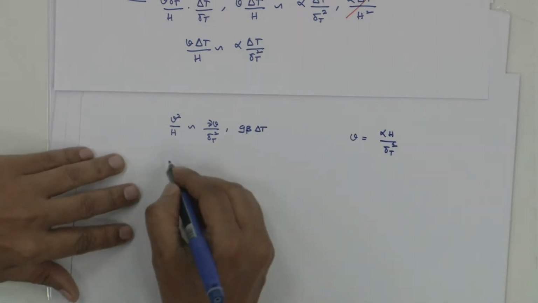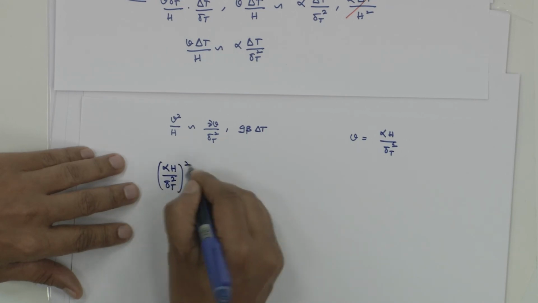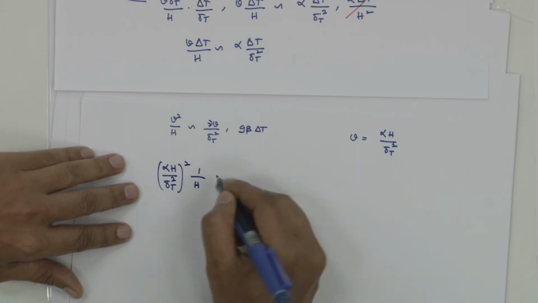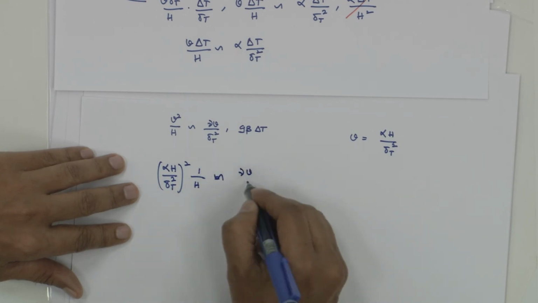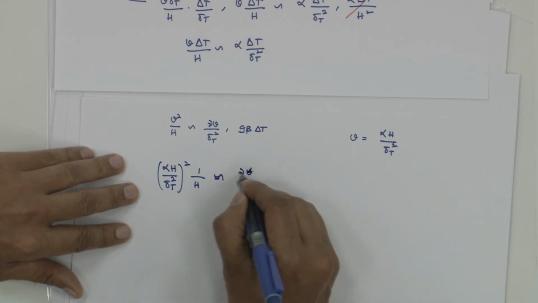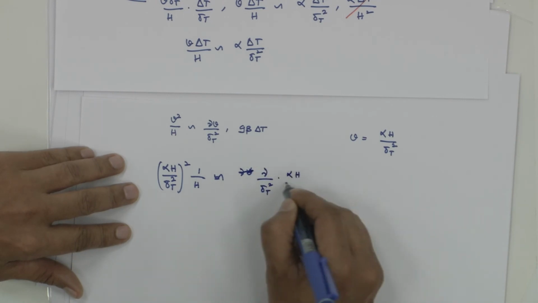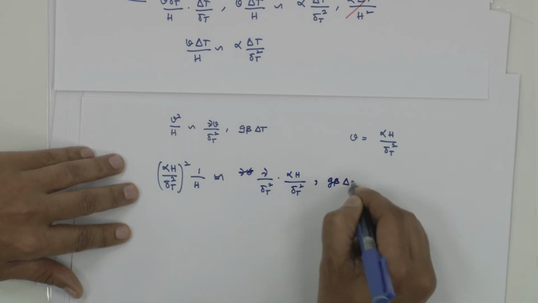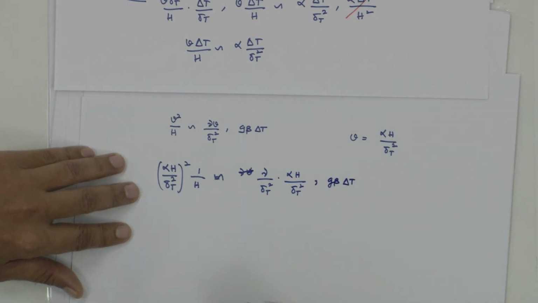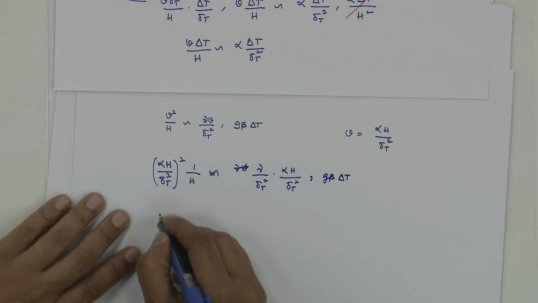So if I substitute that, alpha h by delta t squared, whole squared, into 1 by h, is of the order of nu by delta t squared times v, where v is alpha h by delta t squared, comma g beta delta T. So what do I get?